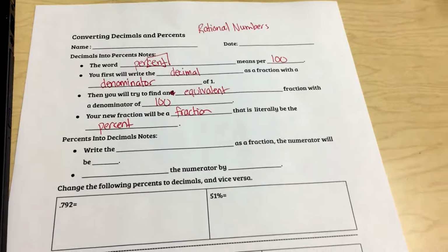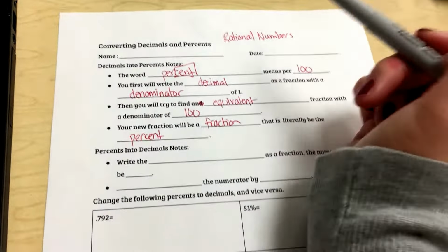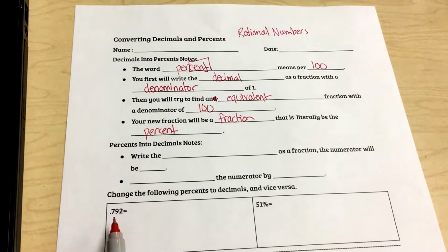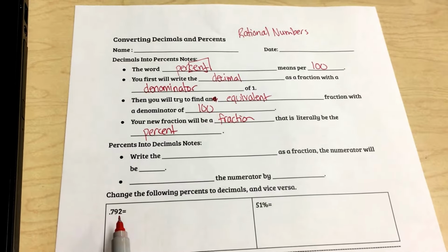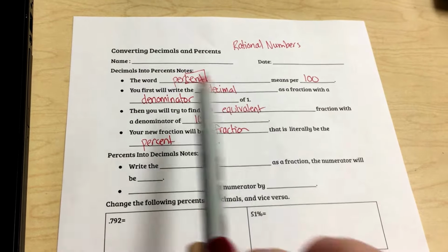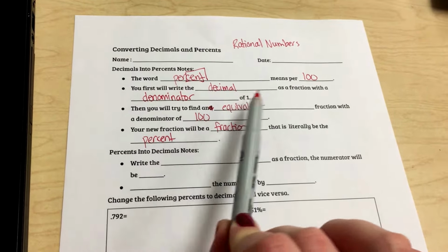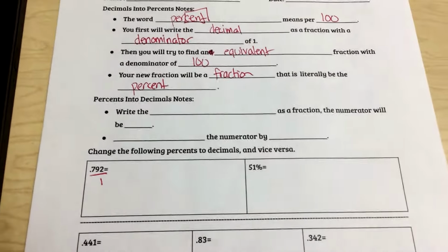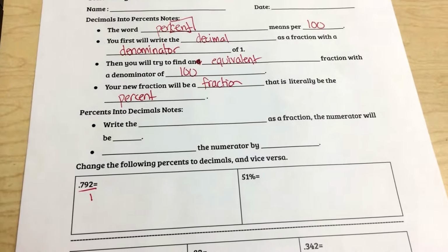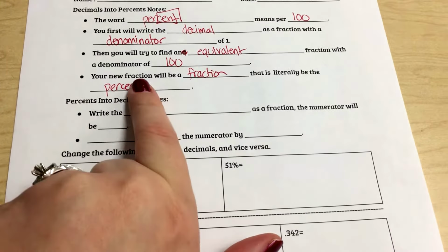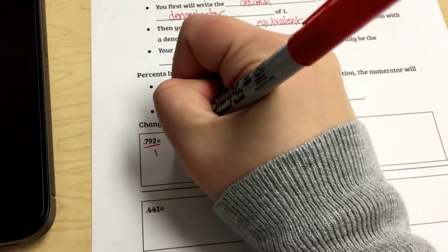So we're going to have a decimal, like we have here, 792 thousandths. We're going to put that decimal as a fraction, and we want our denominator to be 1. So I'm just going to draw 1 underneath of this since I have space here. Once I do that, I'm going to make an equivalent fraction with the denominator of 100, so I'm going to write over here equals something over 100.